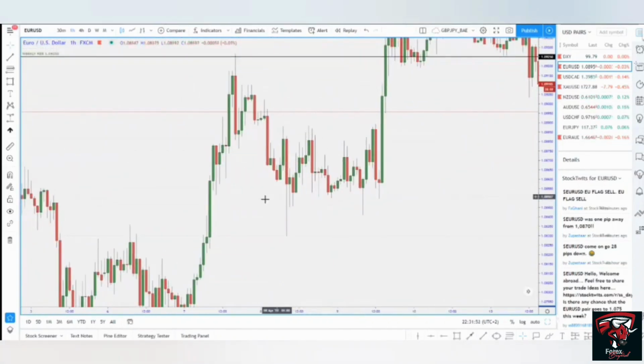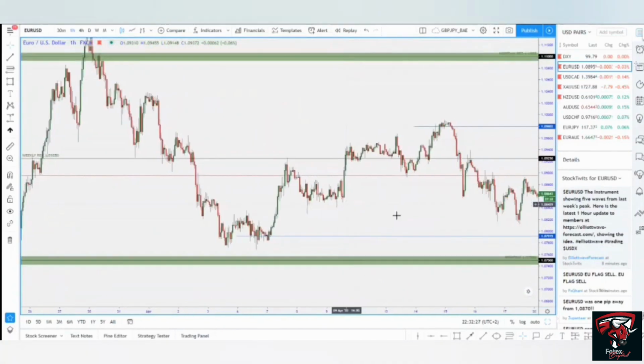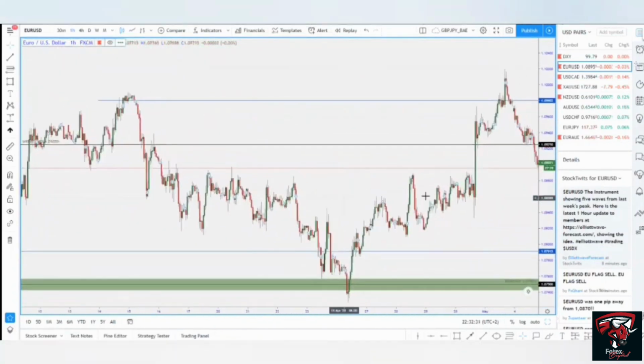I would look at marking out both wicks, dragging from the left to the right. So if you look at this, with wick 1 and wick 2 marked out and dragged to the right, you can see how this level becomes a significant level of support that you could have used to find your entries. Proper wick entries: the market dips into these levels, then it just rises and rallies to the upside. So this will be added onto the other videos as we move forward, but this lesson is strictly meant for the moving averages.